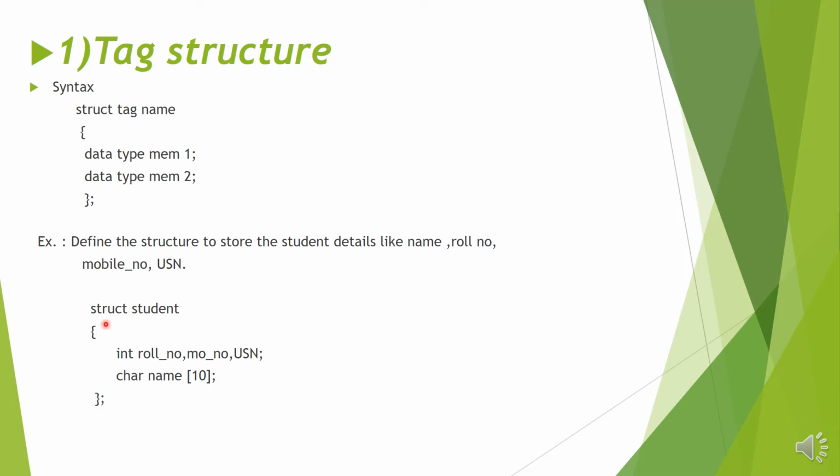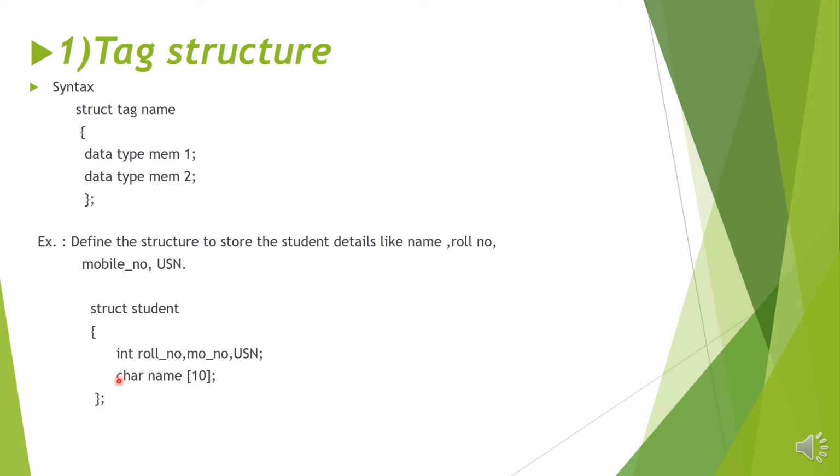The syntax says it has to start with the keyword struct, then the name of the structure is student, and within the bracket we declare the member variables. The first member variable is roll number, second is mobile number, third is university number. All these three are declared as integers, whereas name is a group of characters.